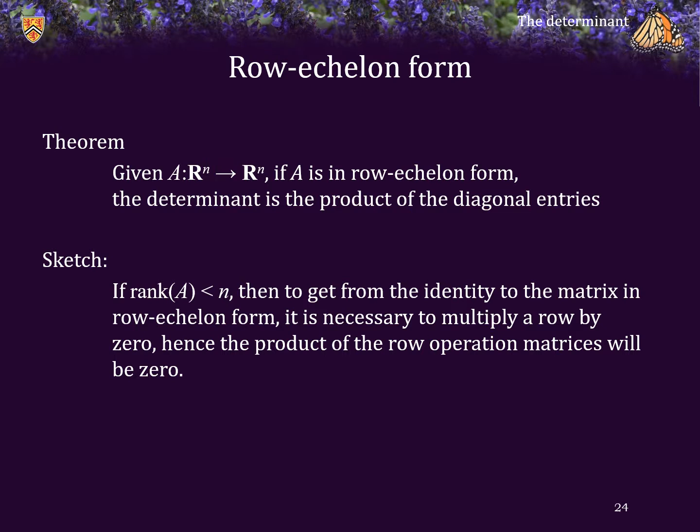Hence, no matter how many row operations we have, be they row swaps, adding a multiple of one row onto another, or multiplying a row by a scalar, the product of all of those will be dominated by the fact that one of those row operations was multiplying a row by 0. That has determinant 0, and therefore 0 times anything else is still going to be equal to 0.